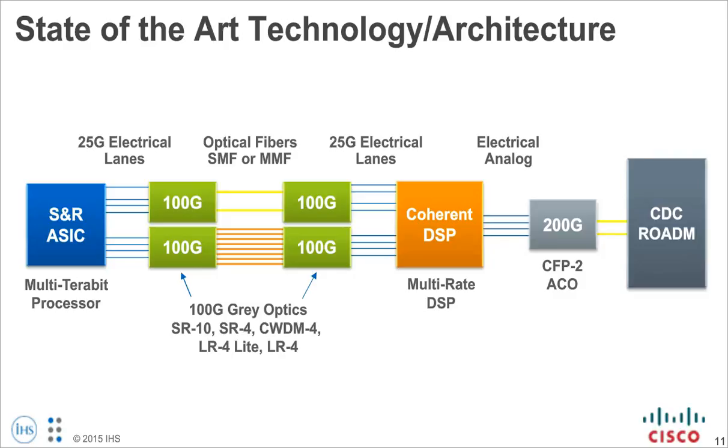Then on the other side, as we transition to fiber or to a transmission system, we have 25 gig electrical lanes again talking to the latest DSP technology. That DSP talks analog over multiple lanes to an optic, and that optic is packaged today in a CFP2.